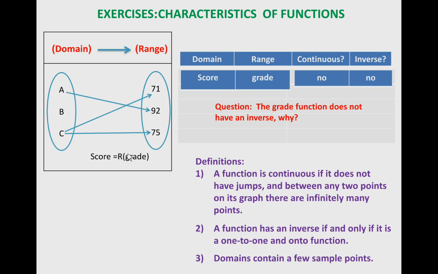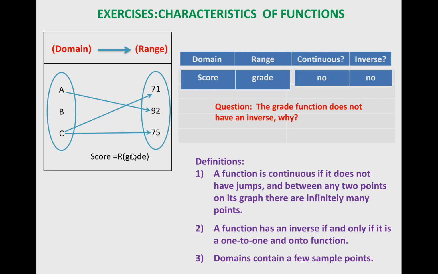It's a relationship of the letter grade, A, B, or C. So if you know the letter grade, you plug it over here. Okay, it will tell you the score is 92. Letter grade is C, you plug it over here. It will tell you the score is either 92 or 75, and that's ambiguity, and that's why it's not a function.